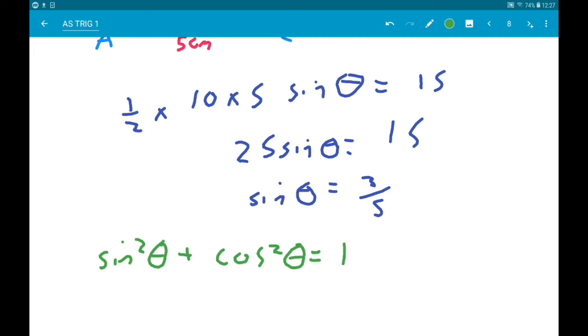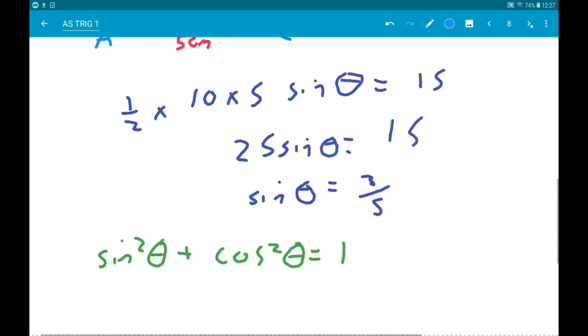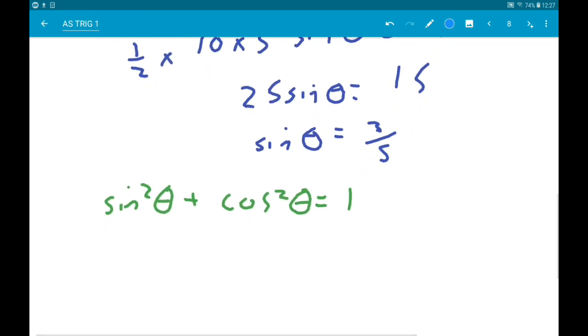So what we're going to do is square both sides, so we get sine squared is 9/25.